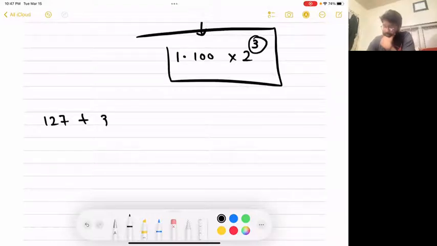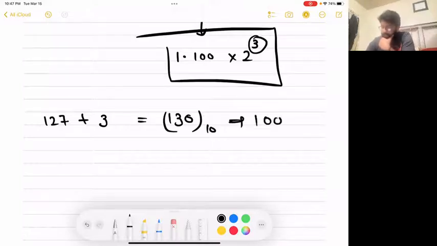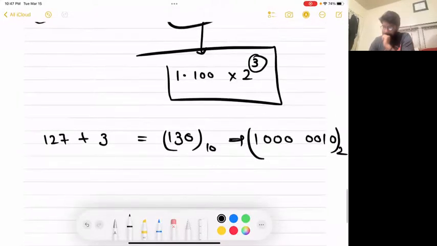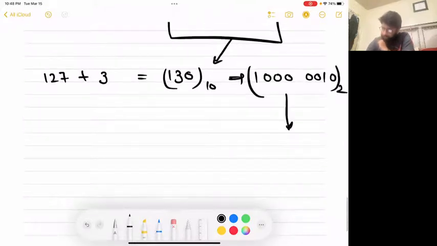So 127 plus 3 is 130, which is actually 10000010 in binary. Okay, we did this. Makes sense. Now, this will be our exponent bits.